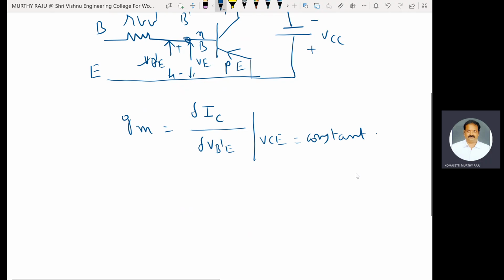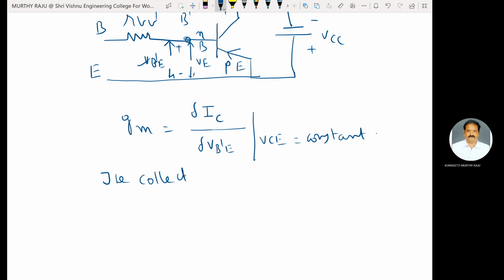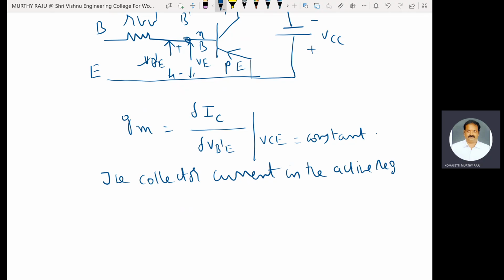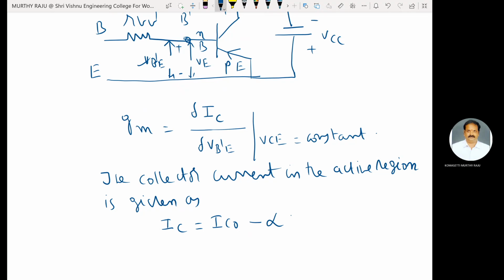For a PNP transistor, the collector current in the active region is given as IC equal to IC naught minus alpha IE.